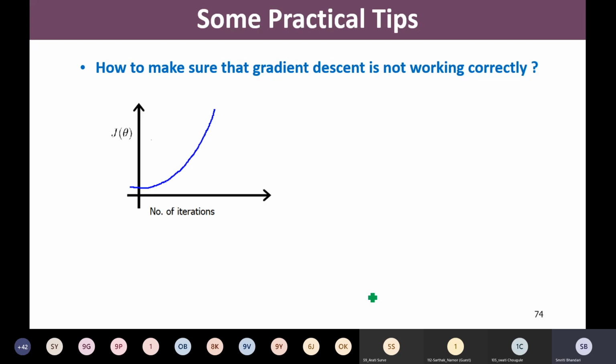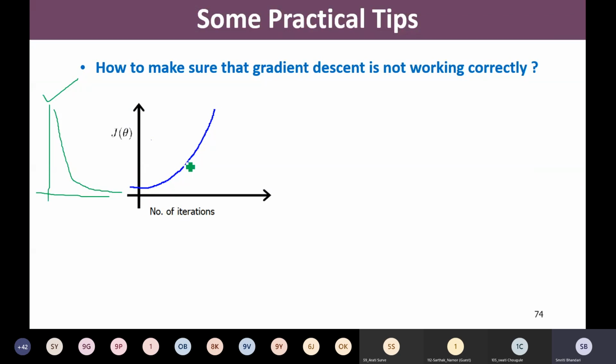Earlier we mentioned that if we plot the number of iterations against J of theta, and we have a plot something like this, then our gradient descent is working correctly, because in every iteration my cost function is decreasing, right?